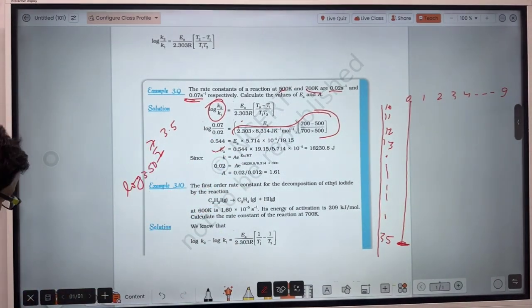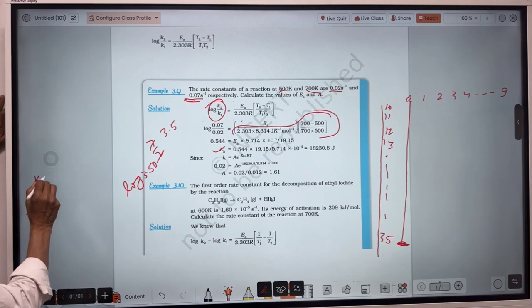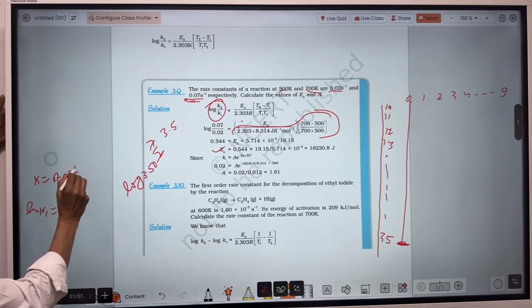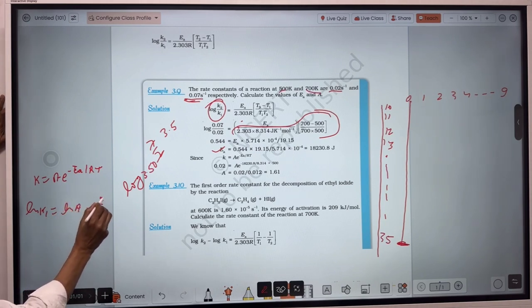So Arrhenius constant, you know, K equal to A e to the power minus EA upon RT. So take log K1, that will be equal to log A minus EA upon RT1.